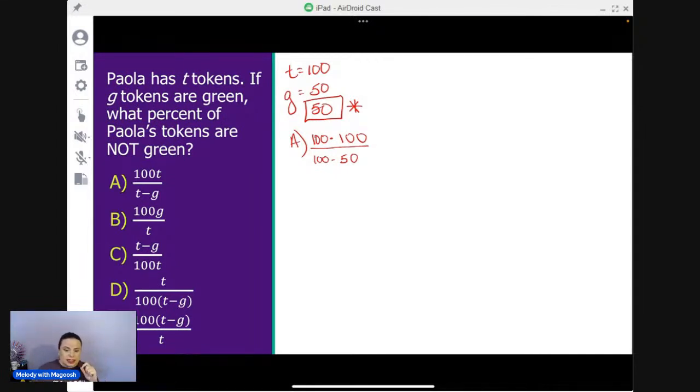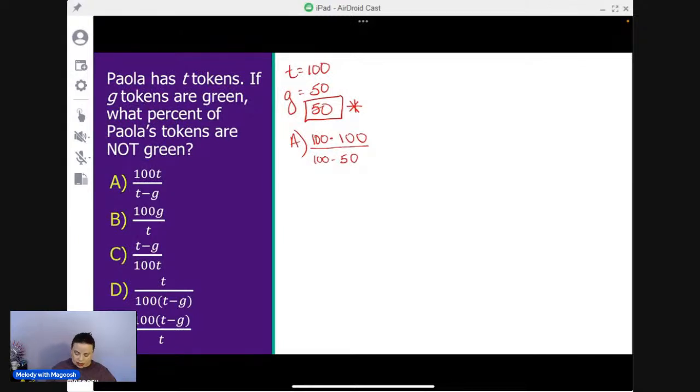A good idea is to simplify as much as you can mentally or by hand without going to the calculator because that will slow you down. And we don't actually care about the value of most of the answer choices. We don't care what it does equal. We just care whether it equals 50 or not, because remember, that's our goal. Test the answer choices. Do they equal 50?